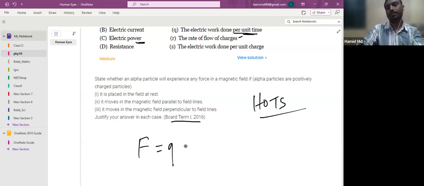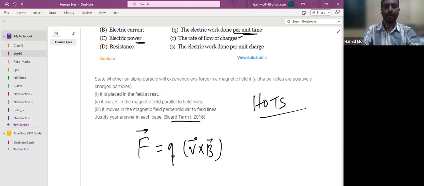This is charge and this is V cross B, where V is the velocity and B is the magnetic field, F is the force. Based on this, you answer me the question. Will you write in the chat box, or can you think of it or not?